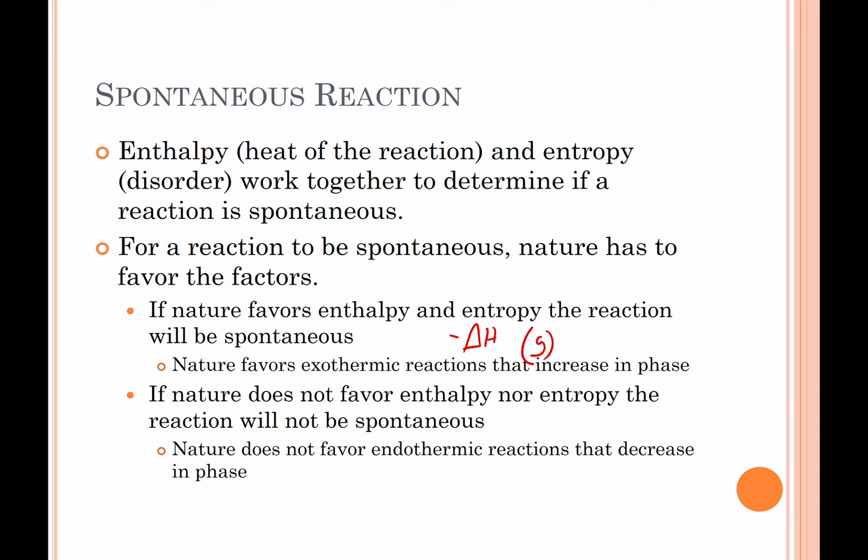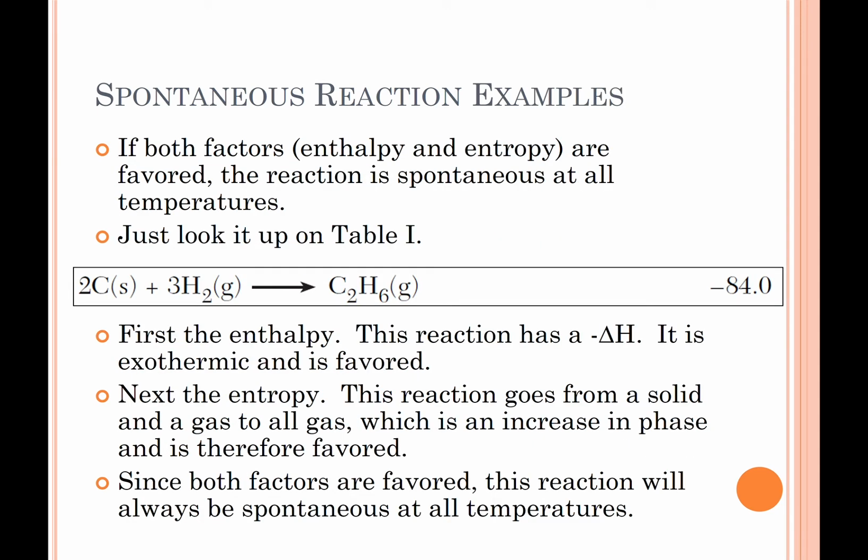If nature does not favor enthalpy nor entropy, the reaction will not be spontaneous. Nature doesn't favor endothermic reactions that decrease in phase. So it doesn't favor endothermic reactions that are becoming solids or liquids. That is not favorable in nature.